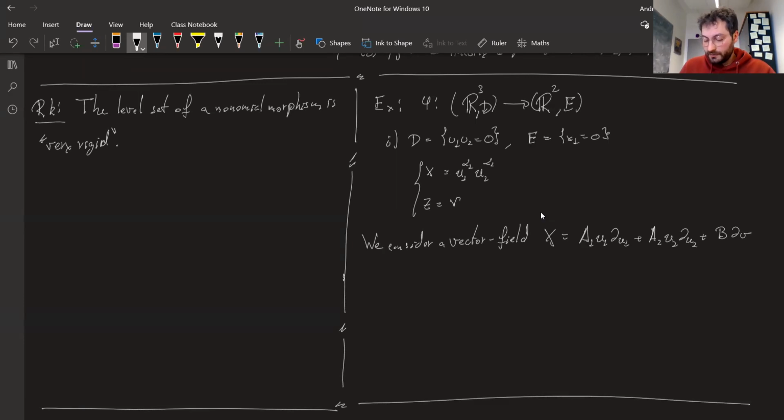And in order for it to generate the level curves, what we need is that it has to be tangent to each one of the functions, such that X of u1^α1 u2^α2 must be equivalent to 0, and so does X of v must be equivalent to 0. So X of v is just B. So we are just saying that the coefficient B is constant equal to 0.